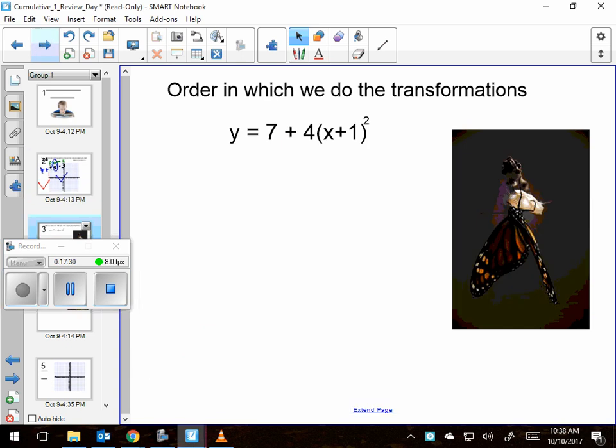All right, take a look at this one. Give me the order. 1, 2, 3. What should be first? And don't forget, use words like horizontal and vertical, words like stretch factor or shrink factor.